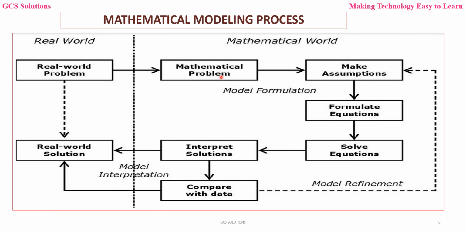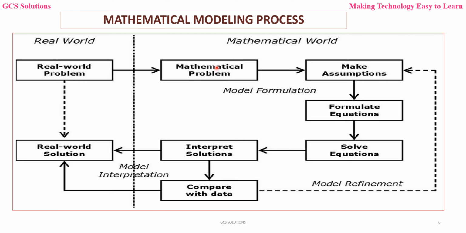So you try to understand this real world problem as a mathematical problem, and you make some assumptions to formulate it in such a way that it will be represented as different equations which can be solved further.